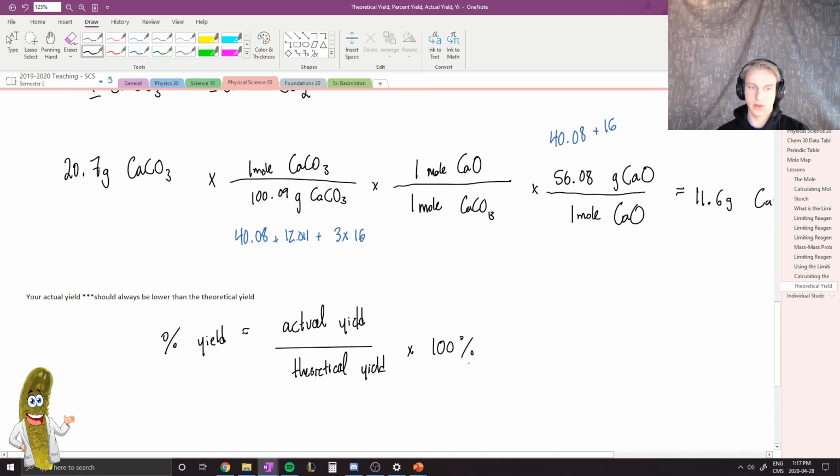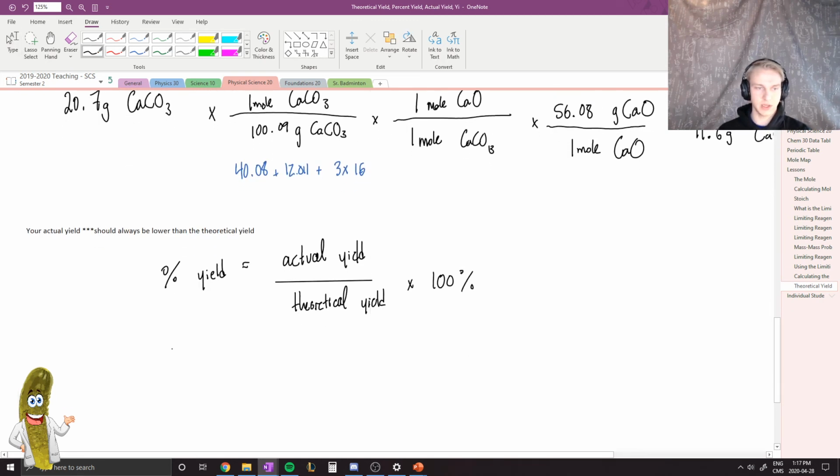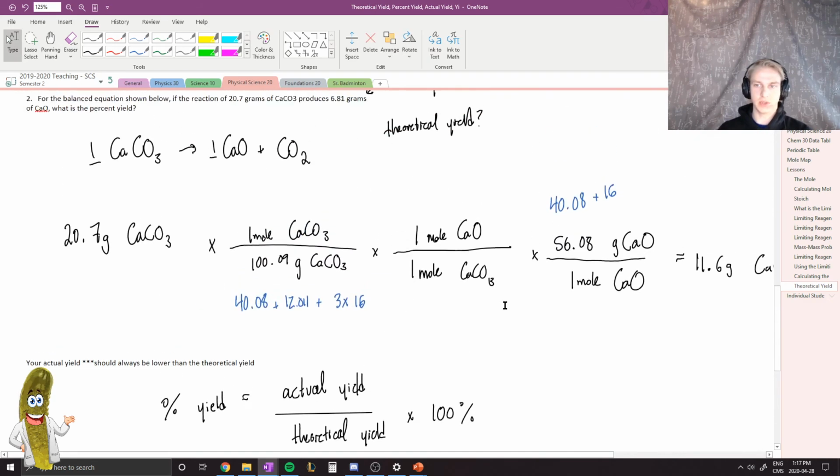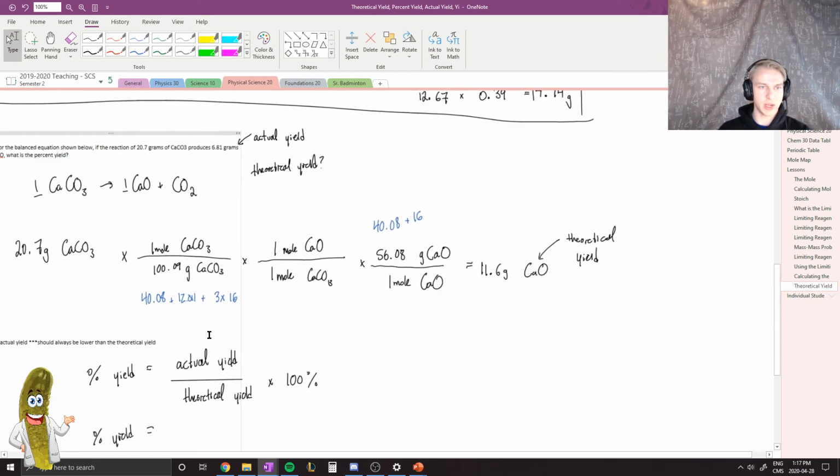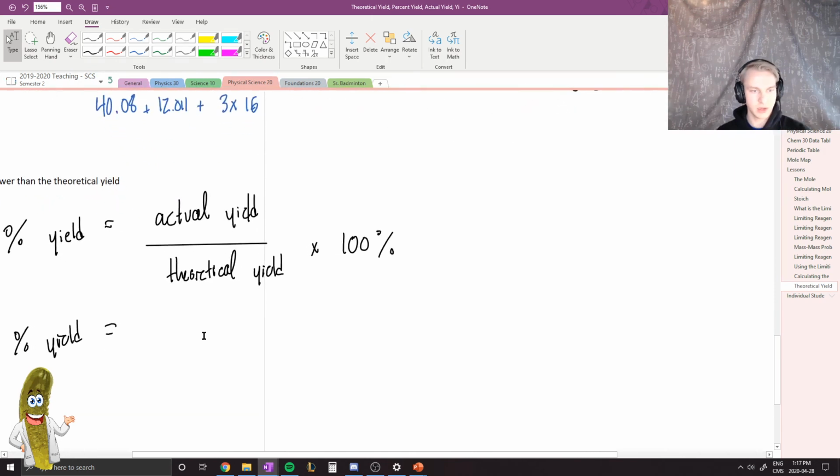So percent yield is equal to, the actual yield was 6.81 grams, and the theoretical yield that we calculated was 11.6 grams, and we want to multiply that by 100%.